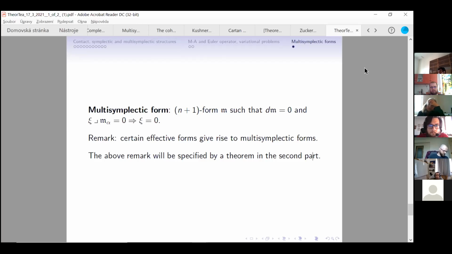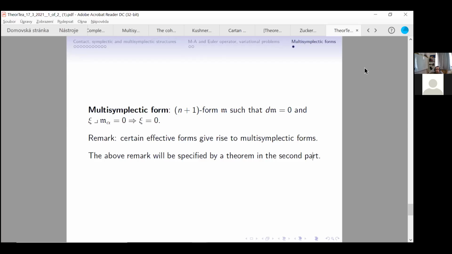Well, I think that, for example, it might be interesting in partitioning the space of solutions into some classes where the classes contain solutions which are transferable to each other by some multisymplectic transformation or something like that.